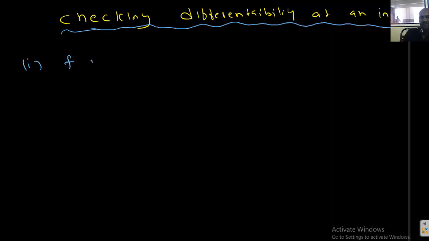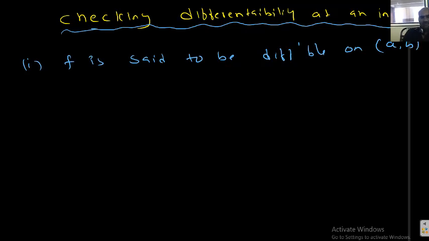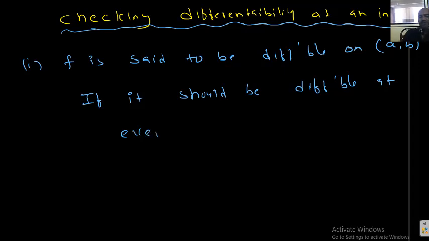First one, f is said to be differentiable on the open interval (a, b) if it should be differentiable at every c belonging to the open interval (a, b).